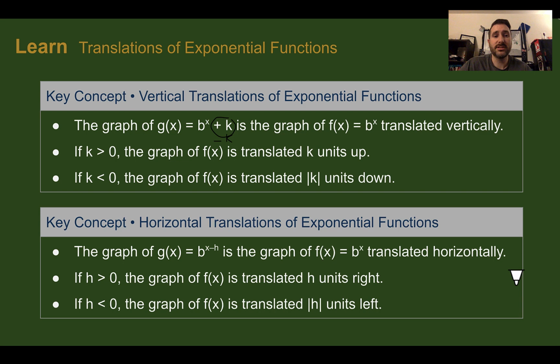For the horizontal translations, this is going to show in the exponent, and it's going to be the opposite of what you see. So if h is greater than 0, and you see minus h, then you're actually going to move it to the right. Whereas if h is less than 0, and you would actually see x plus h in the exponent, so b to the x plus h, then it's going to shift to the left. So backwards of what you see.